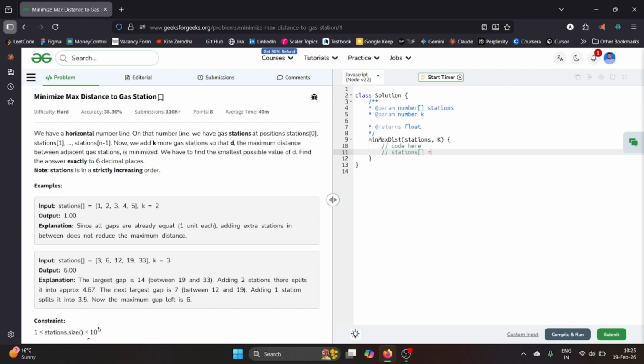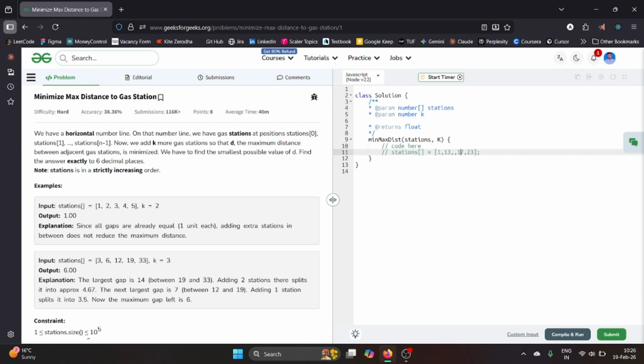Before starting this, we will code in JavaScript. Here we are not doing the code, we are just understanding our problem. So let's take our example 1, 13, 17, and 23.